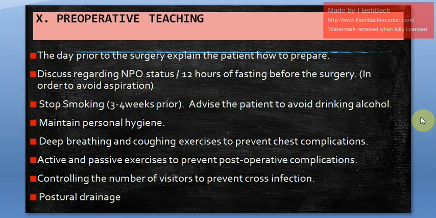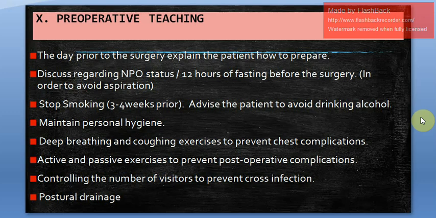Next is postural drainage. Postural drainage is a technique in which different positions are used to drain secretions from the bronchial airways. The secretions drain by gravity, and most of the time this reduces chest infections.